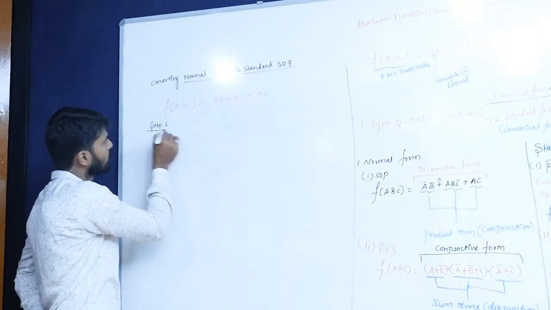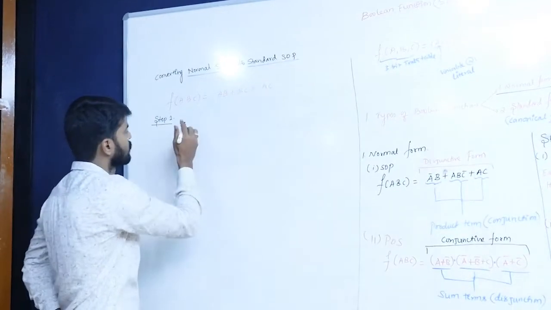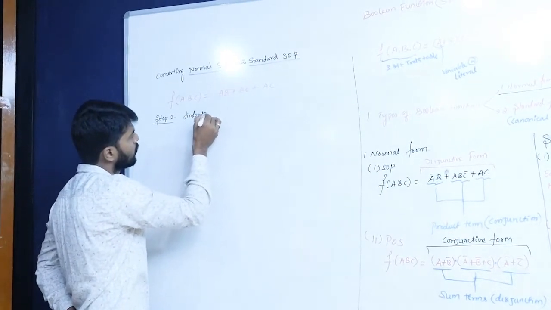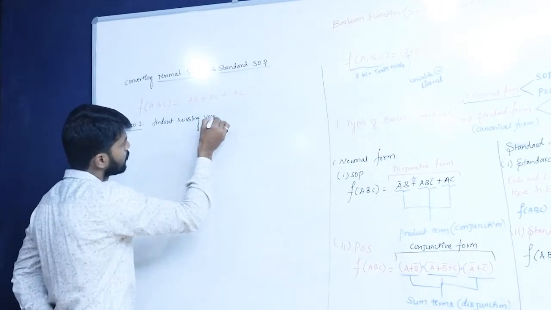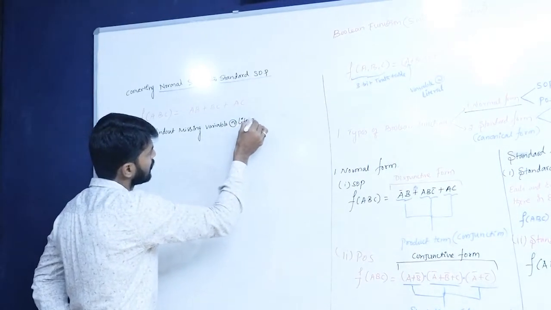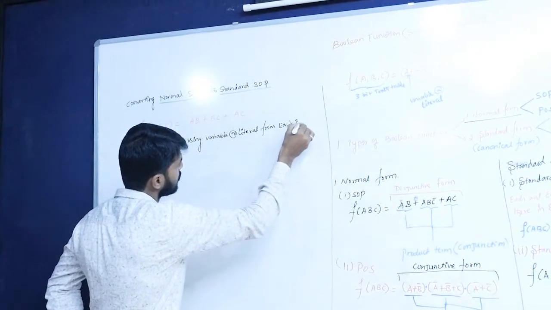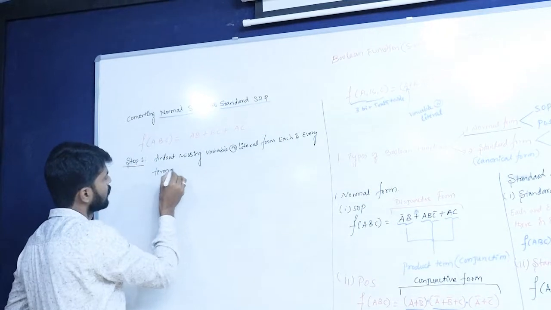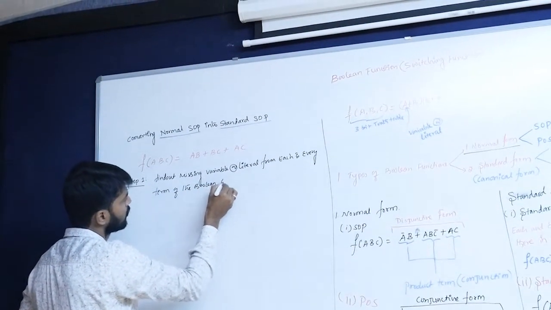Step 1: we need to find out the missing literal or variable from each and every term of the Boolean equation.